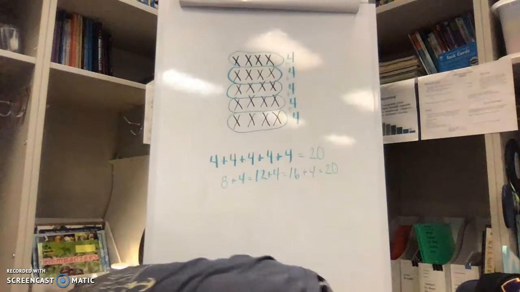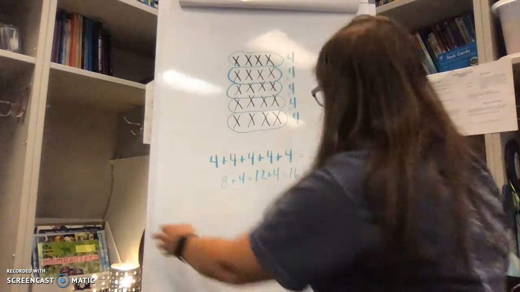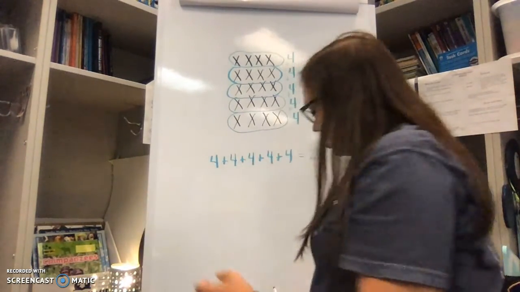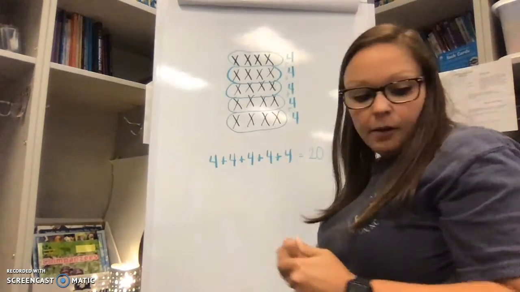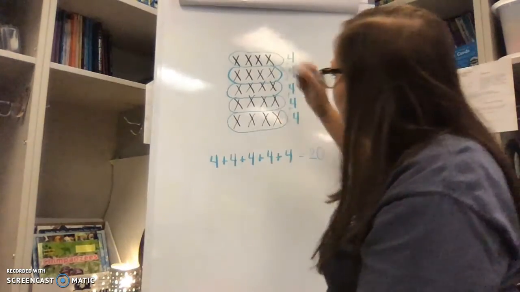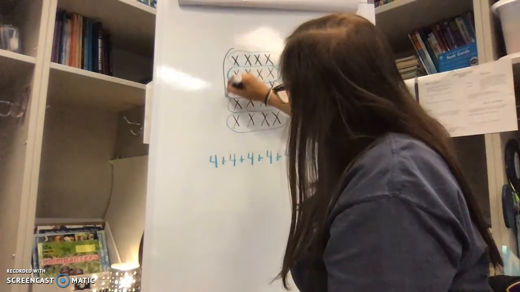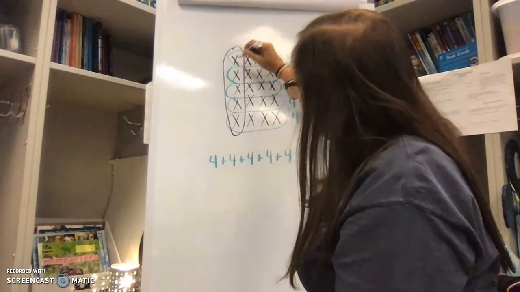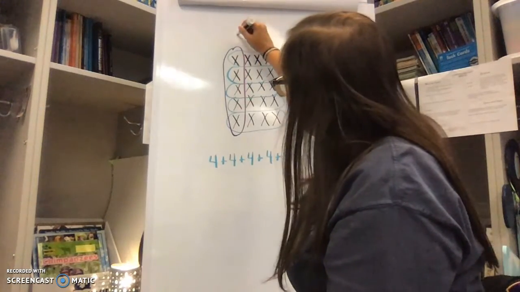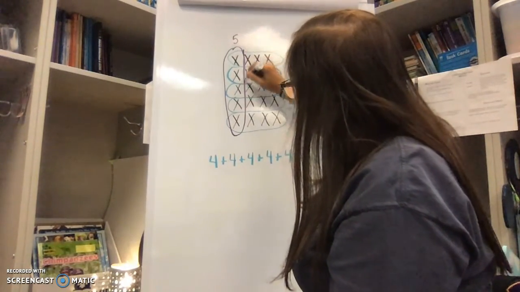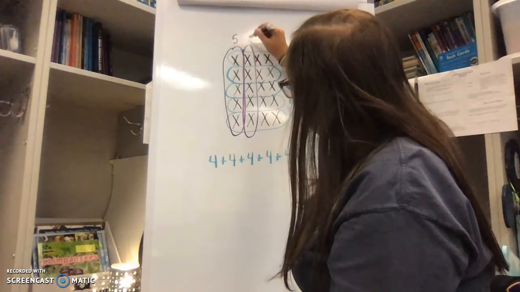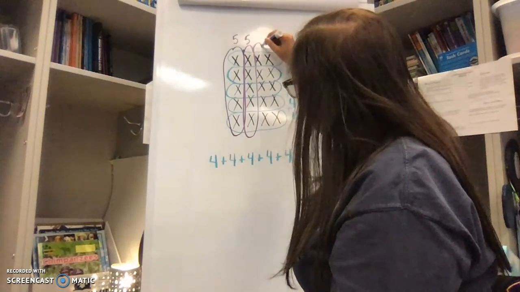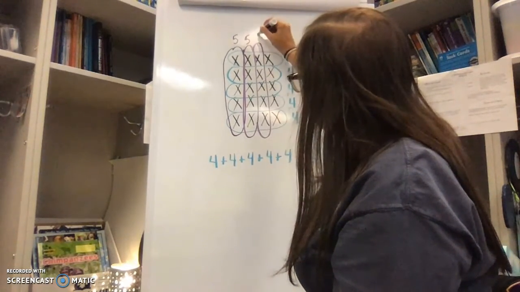Oops, threw my marker. I meant my eraser. So let's do it by columns now. Here I have one group of 1, 2, 3, 4, 5. Here's another group of 5. Here's another group of 5.